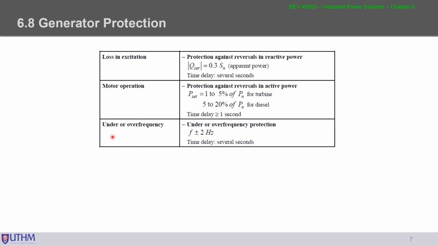And lastly is under or over frequency protection. The tolerance frequency allowed is plus minus 2 Hz, and the time delay is several seconds.